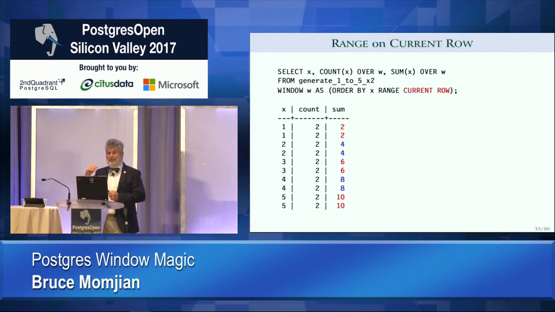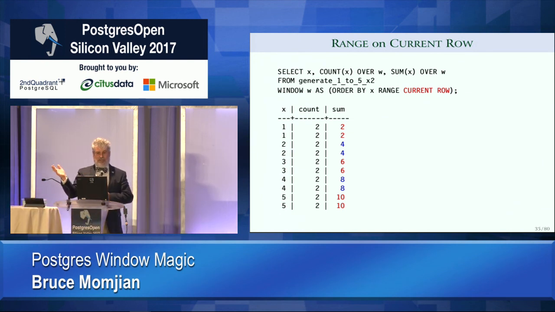Okay. Here's the same thing using defaults. Again, this is range current row to current row. Again, this is all twos. Okay? That's kind of interesting. It's because this really means range current row to current row, and the current row is not just the current row. We're in range mode.